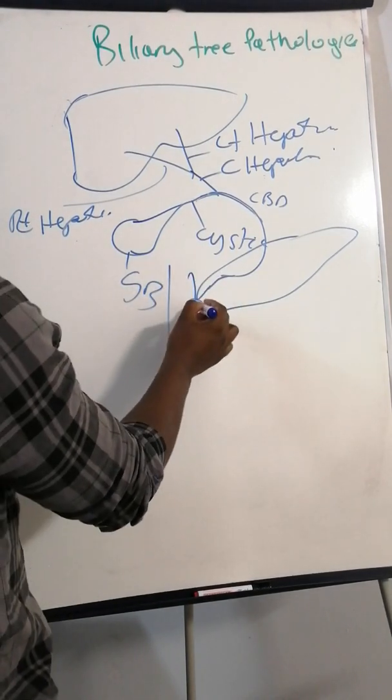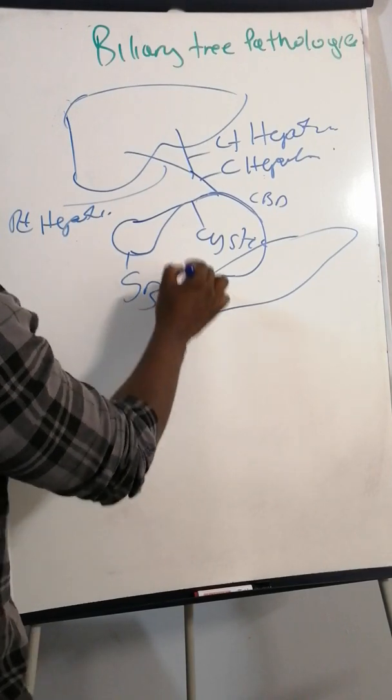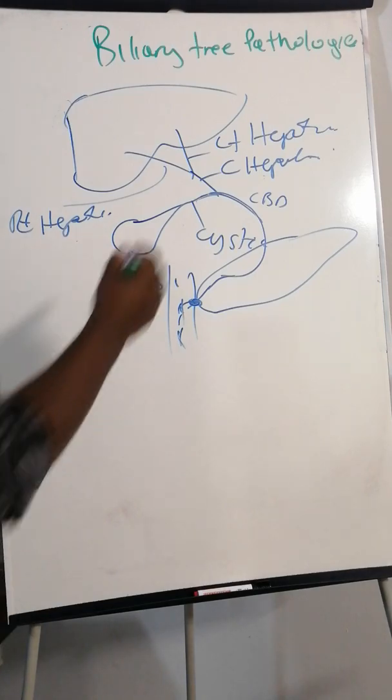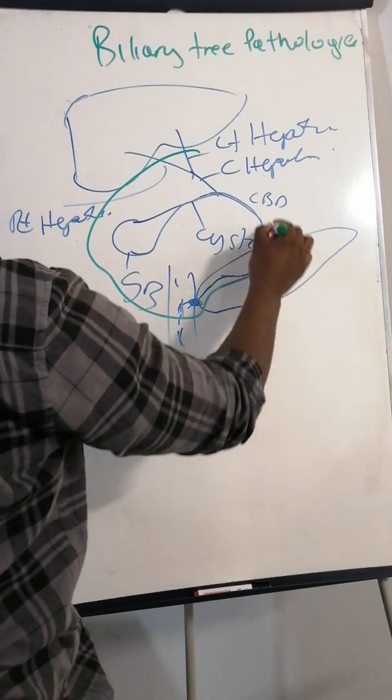The ampulla of Vater, that's our mouth there, and then we're able to deposit our bilirubin there. So when we talk of biliary tree pathologies, we are basically talking about pathologies that involve this part.